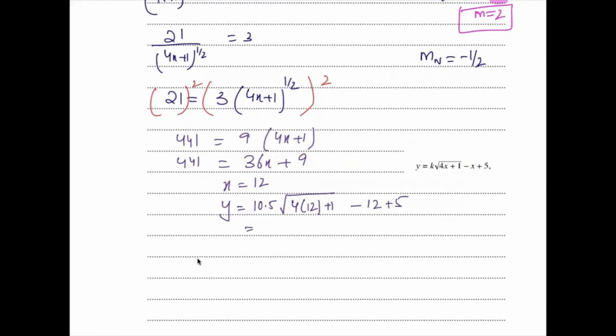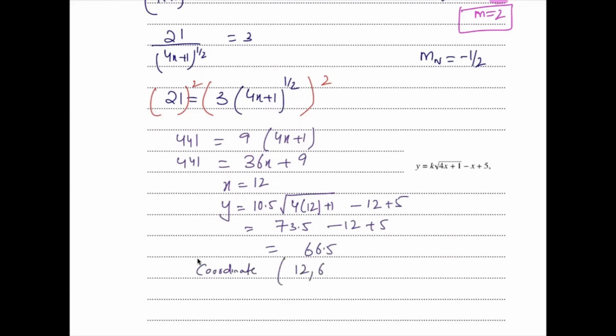So let's work out this value. 4 times 12 plus 1 is 49. Square root of 49 is 7. 7 times 10.5 is 73.5 minus 12 plus 5. That is 66.5.